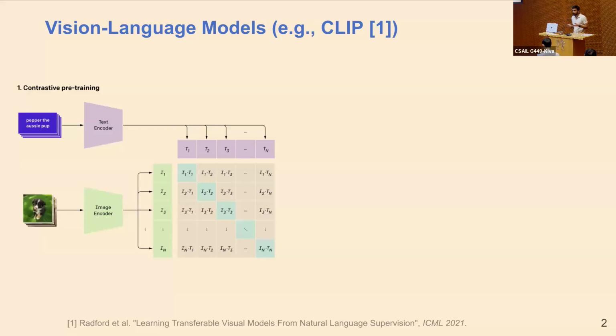So we want to pull closer the embeddings of the image and text pairs which are related, and then we want to pull apart the embeddings which are not related. Quite simple, but they do it at scale, and this is how it works.